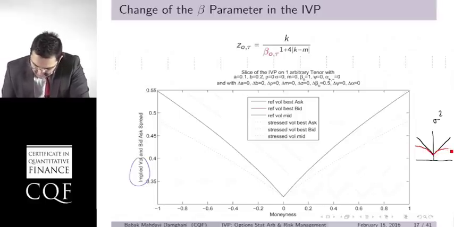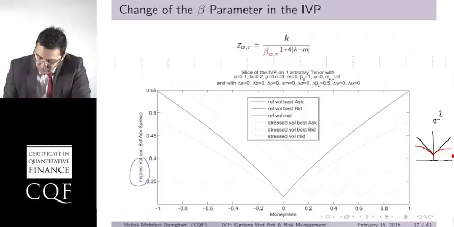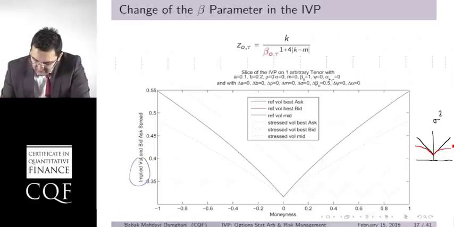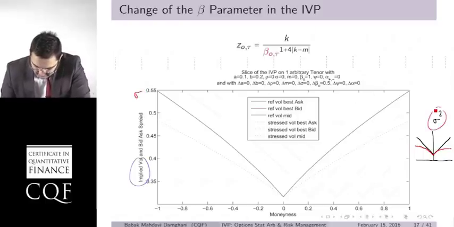You have that parameter beta in here that allows you to control the dampening of the wings, so that you're still able to capture the limitations of the Black-Scholes model, especially around the at the money. But as you get further and further into the in the money or out of the money, your wings are dampening. This is controlled by that specific change of variable. This is in sigma space, and this is in variance space.